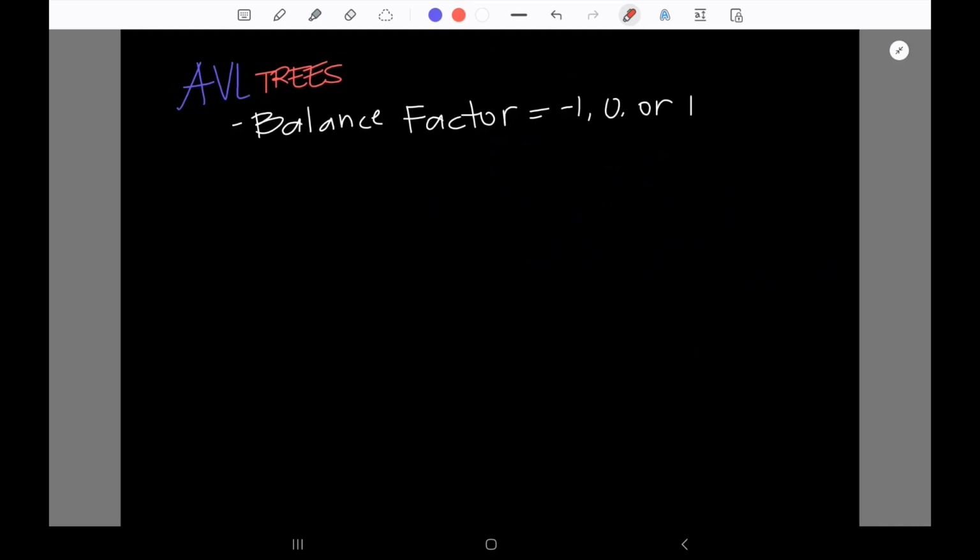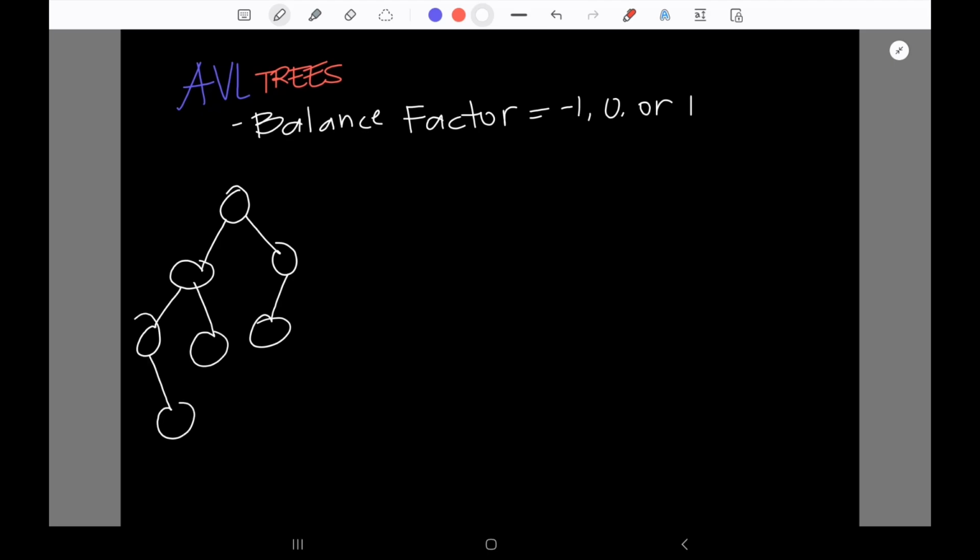We're gonna have an example to help you understand how to identify balance and imbalance tree. So let's say we have a node here, here, here, here, here, here. Is this balanced? So we're gonna check it out.